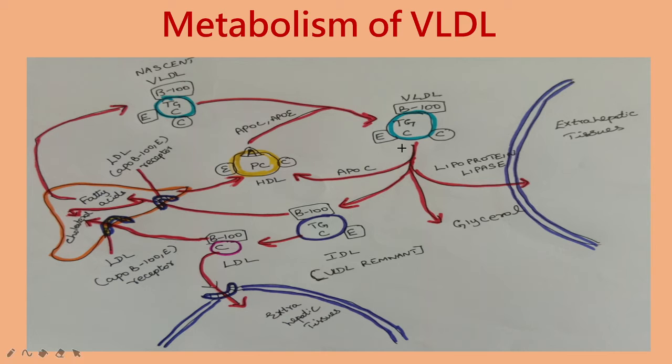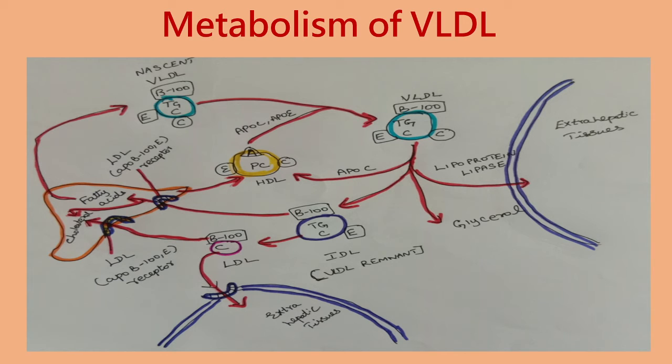After the removal of 90% of TGs from VLDL, it will be called either IDL, that is intermediate density lipoprotein, or VLDL remnants. The size also will decrease here, and the density will increase, as it is now rich in cholesterol.